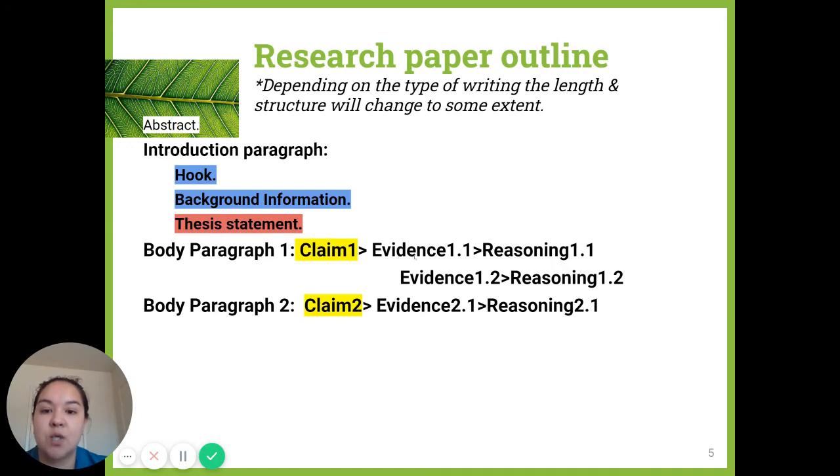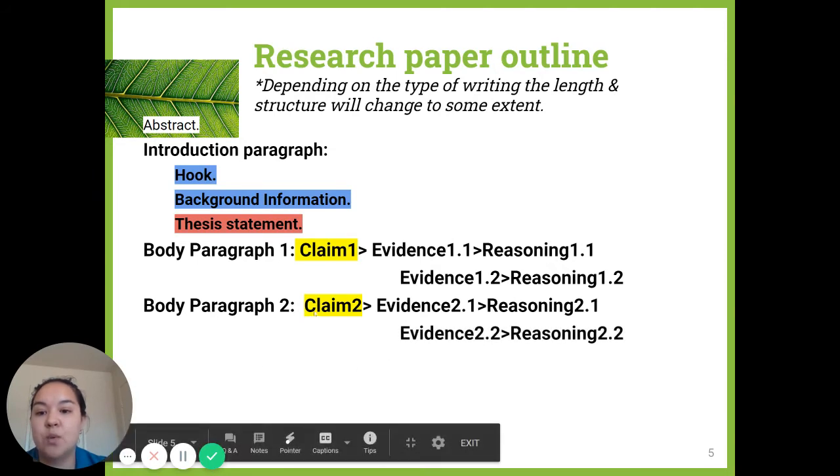We should start with at least 2 pieces of evidence and 2 reasoning explanation sentences for each of those evidences, right? So evidence 1.1 and reasoning 1.1, that would be related together.